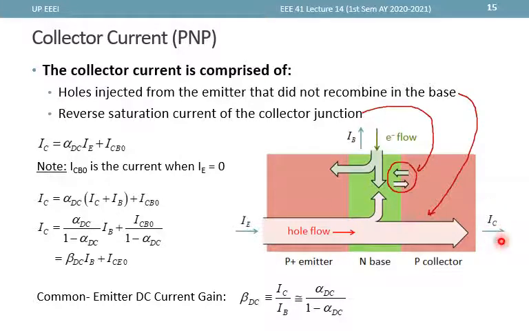The total current IC must have this additional component ICB naught, which is the current when IE is equal to 0. So if there is no current here, then we don't have this current, and IC will just be this reverse saturation current.